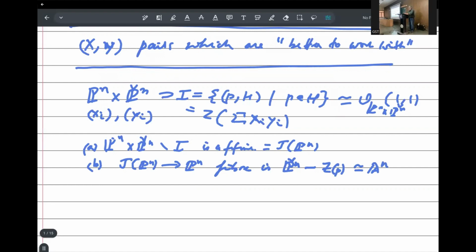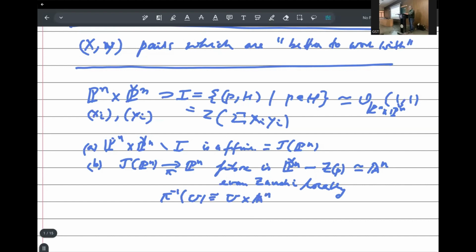So these are the two properties, that the fiber is this, and in fact even Zariski locally, pi inverse of u, for sufficiently small u, is an affine bundle.